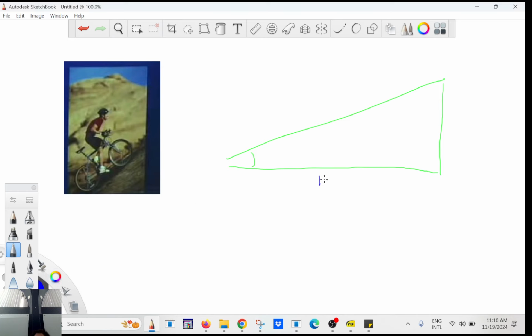It means that for a run of 100, you have a rise of 10. So we can even find the tangent, which will be opposite over adjacent. So you can find alpha, which is a small angle. Do it. Don't fall asleep. 5.7. Is that right, everyone?